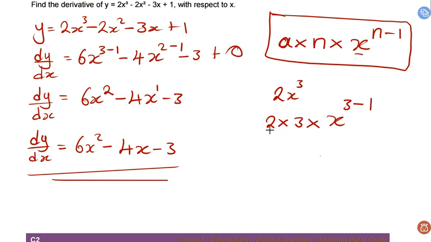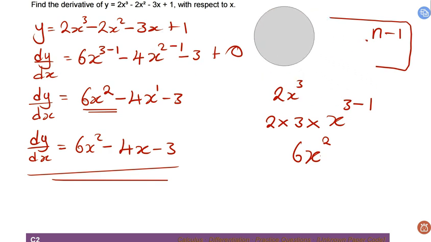So we say 2 times 3, that is 6 times x, that will be 6x, and then 3 minus 1, that is 2. That's the reason why we came up with 6x to the power 2 there. So now we must use this formula to deal with each and every term in the equation.